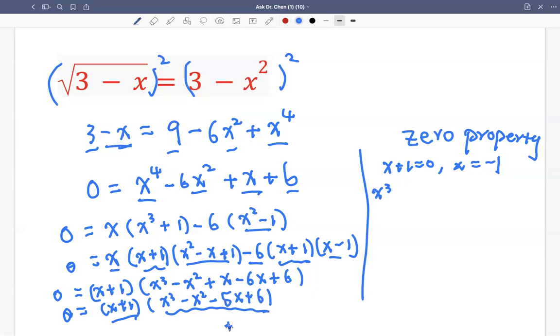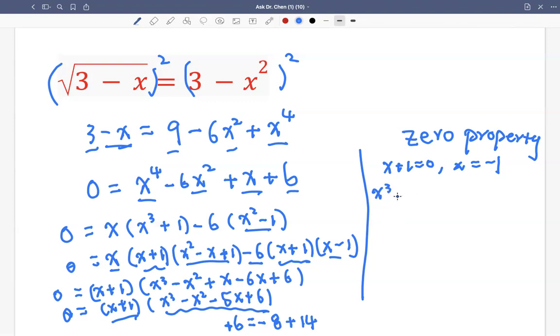So plus 6 can be thought of as, if we make 2 cubed, that's negative 8. Negative 8 plus 14, right? Negative 8 plus 14 is 6. So 14 can be 2 times 7, which has a difference of 5. Okay, bingo. So we want to do this.